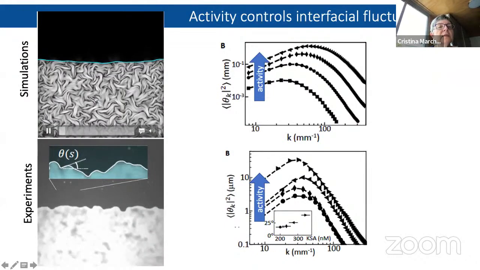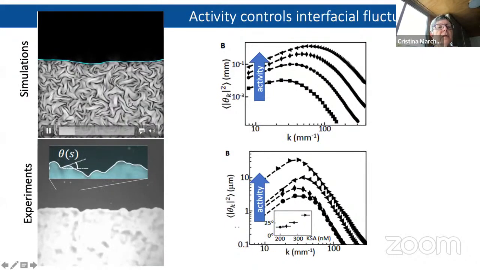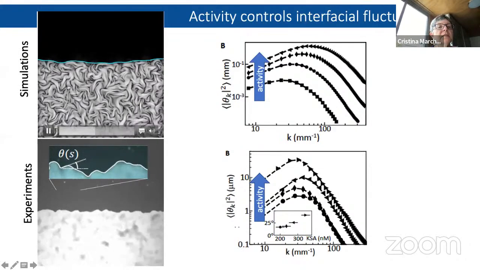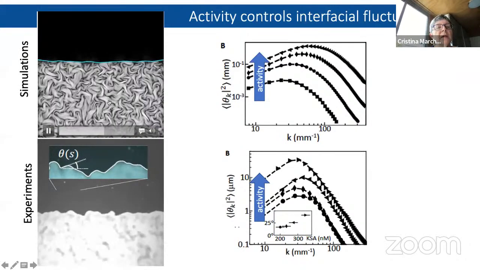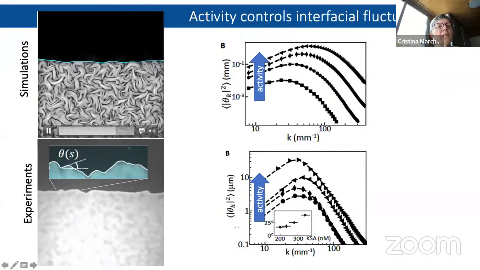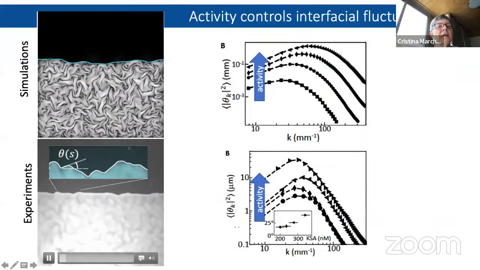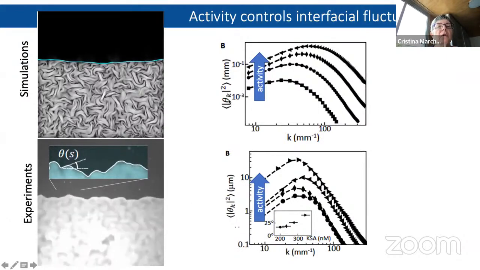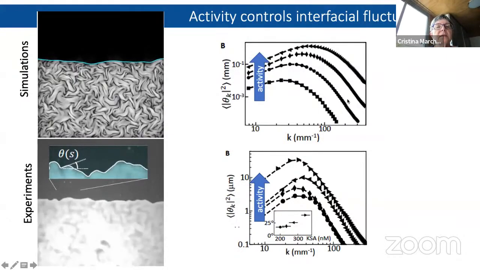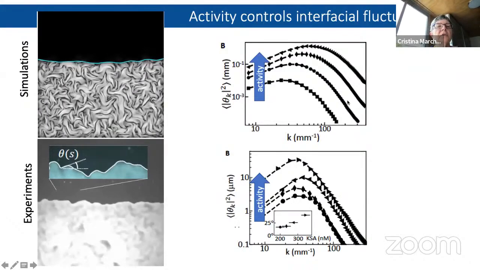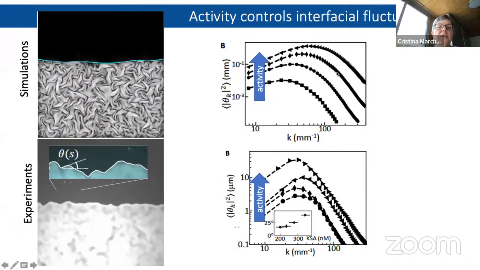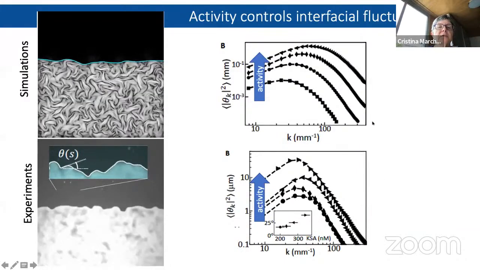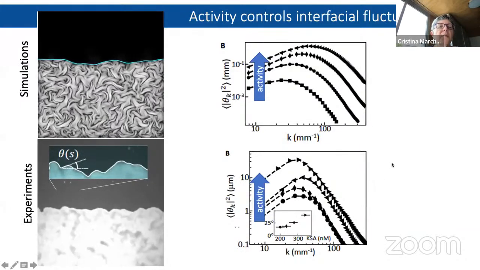And what you see is a lot of local alignment of the filaments, and essentially these active stresses that generate these turbulent-like flows in the bulk push up the interface and generate these strong fluctuations. We can calculate the spectrum of the interfacial fluctuations, and they are qualitatively at least similar in simulations and experiments, so it's hard to make a quantitative comparison.